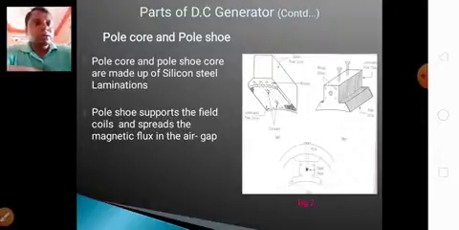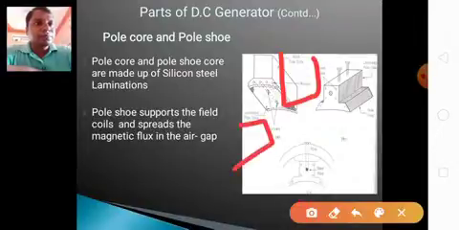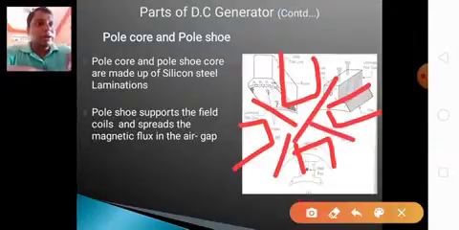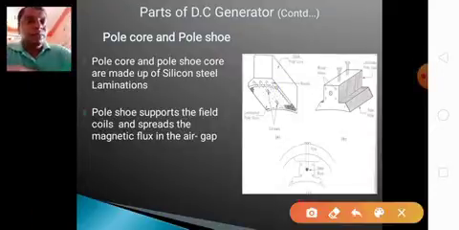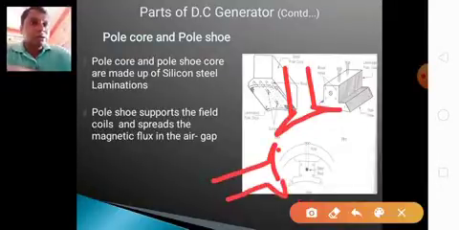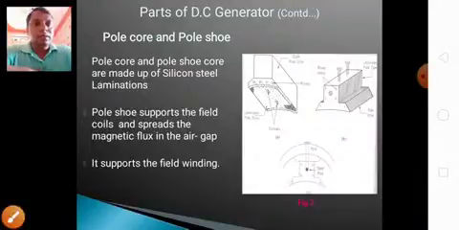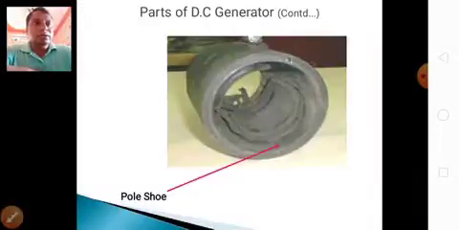Suppose the poles are like this, poles in square shape, so in between an air gap will form. So when the pole shoe is like this, it supports the field coil and spreads the magnetic flux in the air gap, so it flows from this. And this is the pole shoe, right?